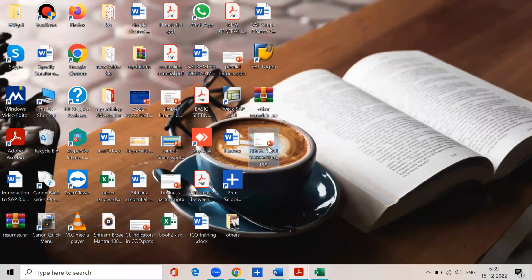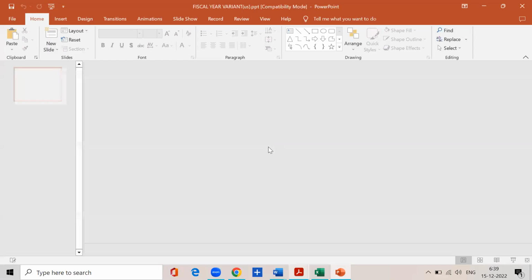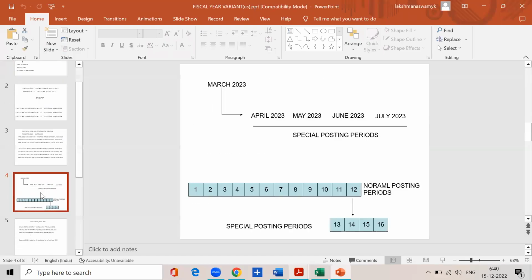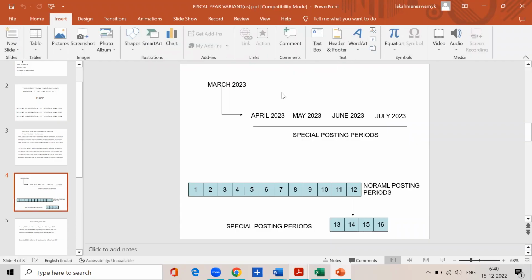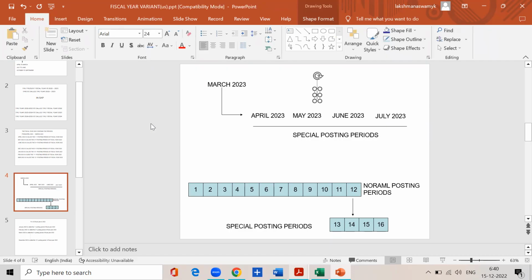See, at the time of posting every business transaction, the user has to enter the period number. Remember that. Suppose today is 25th June 2023 and I am posting one transaction.